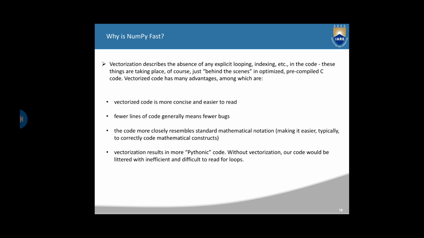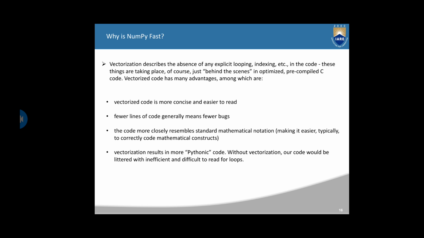What is NumPy first? Vectorization describes the absence of any explicit looping, indexing, etc. in the code. These things are taking place, of course, just behind the scenes in optimized, precompiled C code. Vectorized code has many advantages, among which are: vectorized code is more concise and easier to read.